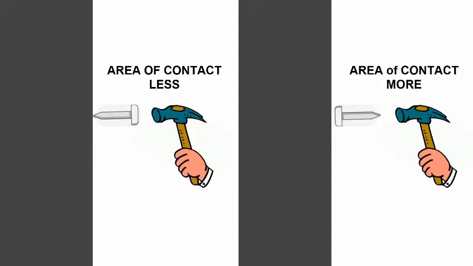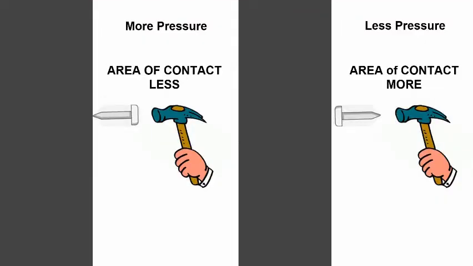The tip of the nail has a very small area compared to the flat surface of the nail, and hence the area of contact with the wall is smaller than in the first case. Hence, the pressure applied by the tip on the wall is greater than the pressure applied by the flat surface. That is why it's easy for the tip of the nail to penetrate through the wall.